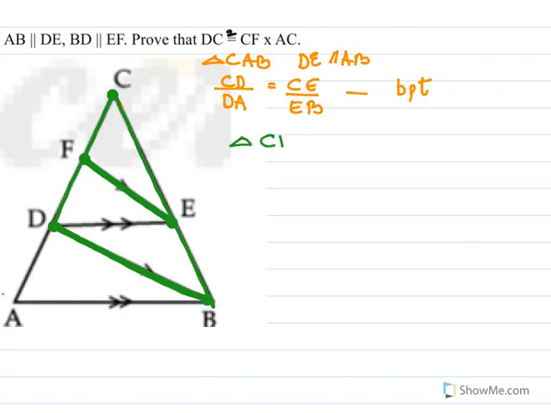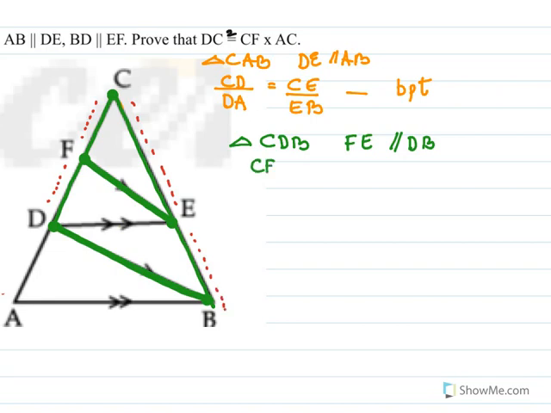So in triangle CDB, FE is parallel to DB, which means CF over FD equals CE over EB.